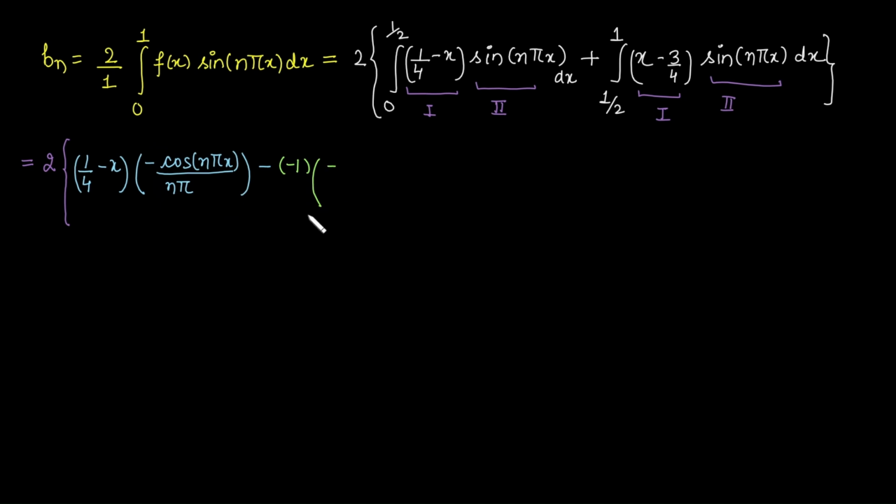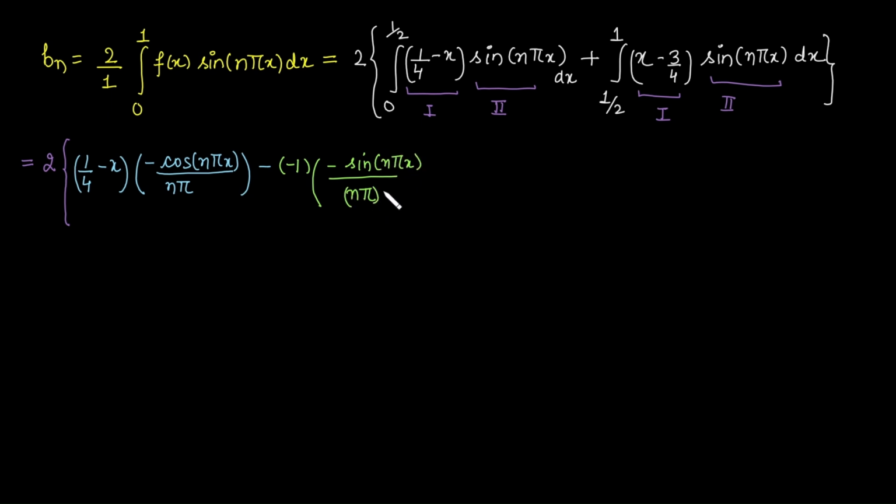That negative sign is as it is because it is a constant, divided by n pi, which is as it is because it is again a constant. Now, integration of cos n pi x is sine n pi x divided by the coefficient of x, that is n pi.